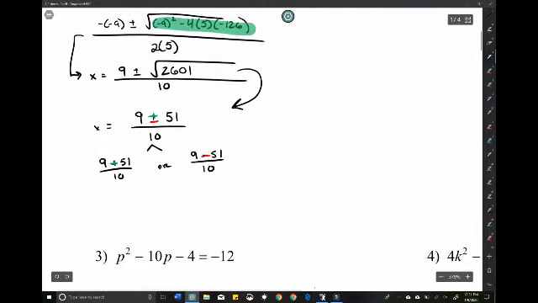Make sure you do the 9 plus 51 first, so 60 over 10 means x equals 6. 9 minus 51 is negative 42 over 10, which simplifies to negative 21 over 5.